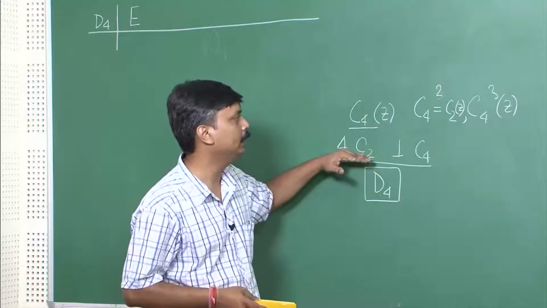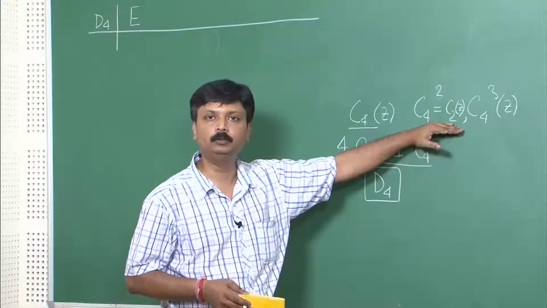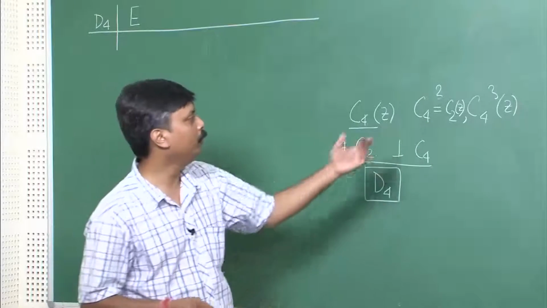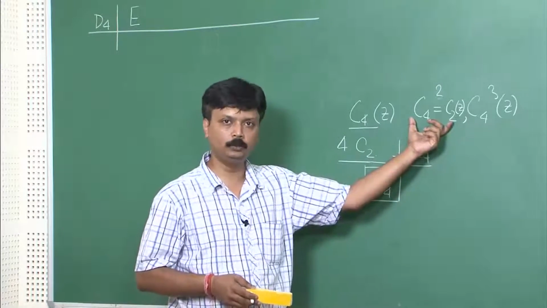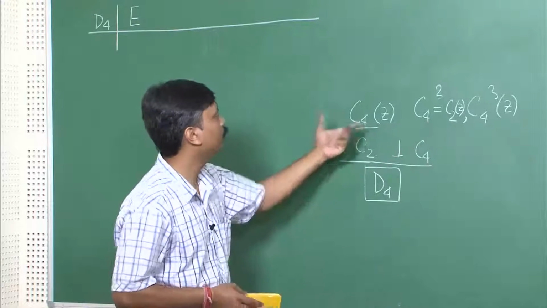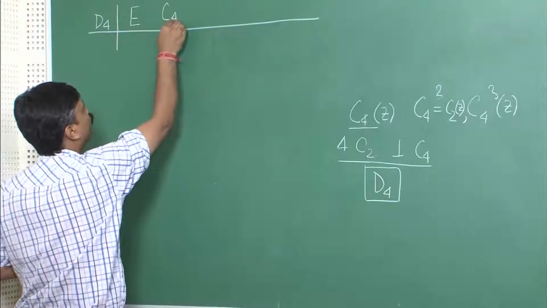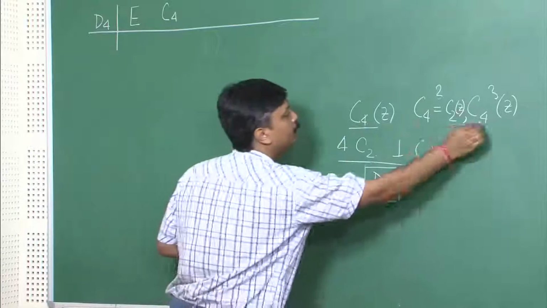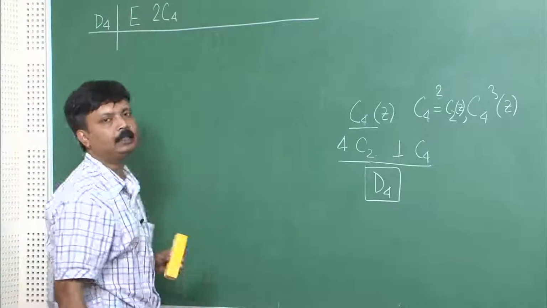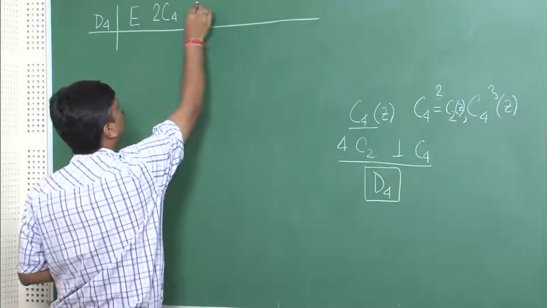There are other C2s, but those C2s are completely different from this one. So this particular C2, which is C2Z, is not going to be clubbed together with any other C2s. Therefore, this C4(2) or C2Z will form a class by itself. Next I have the class for C4, which combines C4 and C4(3). So I have two elements in that particular class, and we also said about C2Z, right.